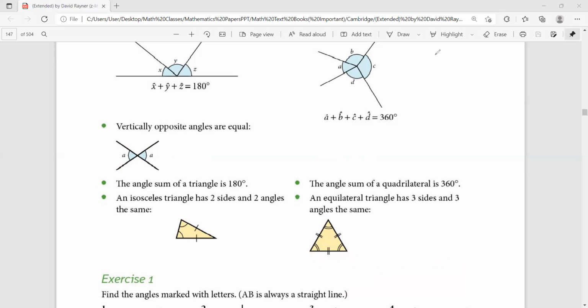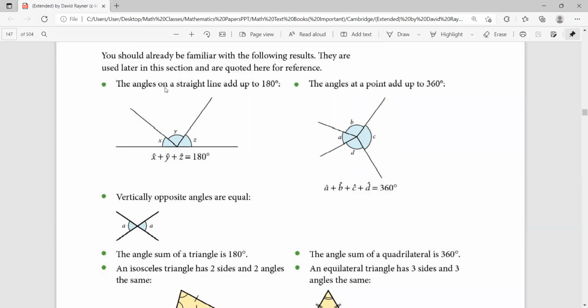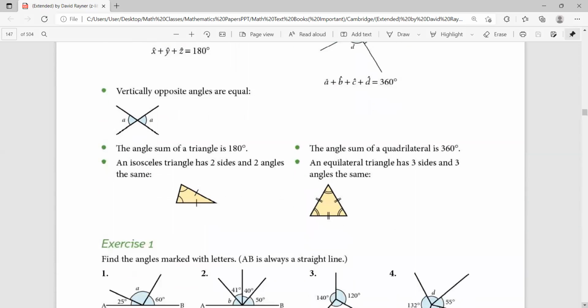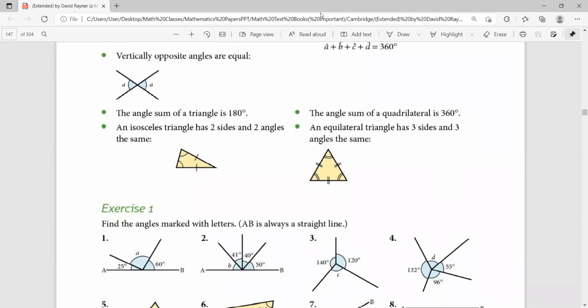Now, up to now, we learned three theories. The first one is the angles on a straight line add up to 180. Then the angles at a point add up to 360. Then vertically opposite angles are equal. Then the fourth theory, the angle sum of a triangle is 180.